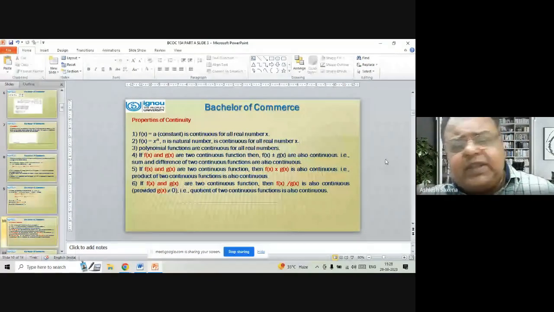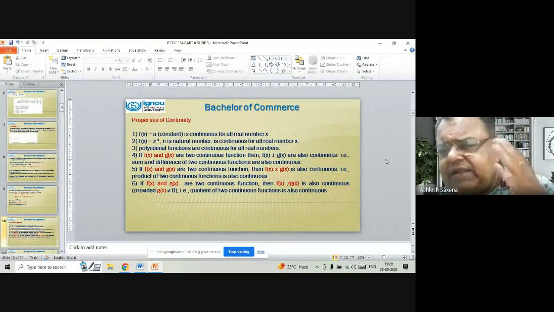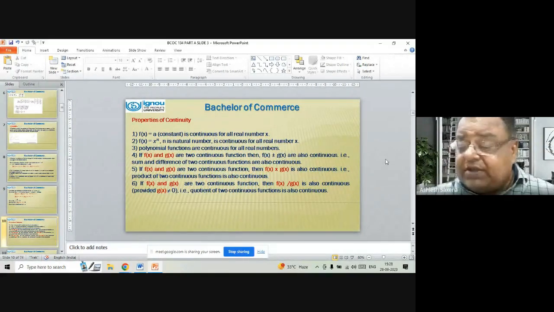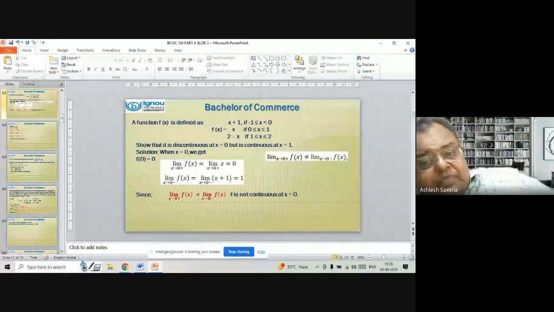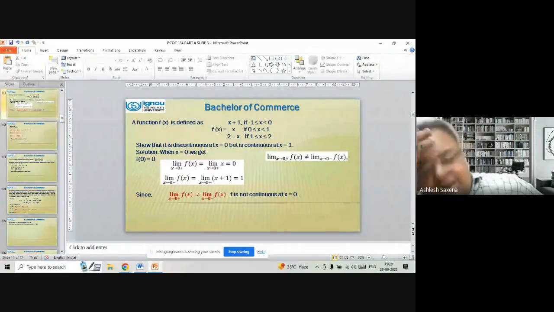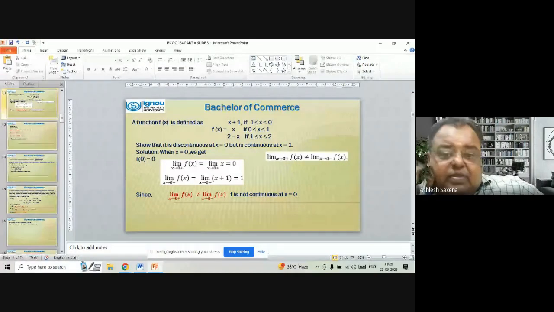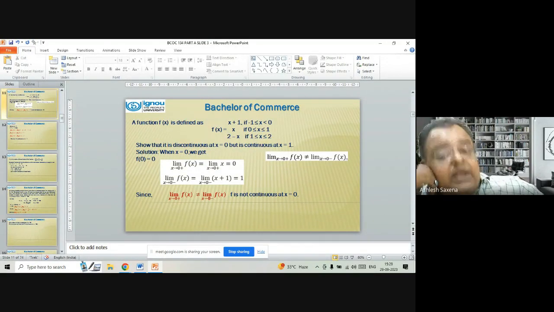Similarly, we found that this is somewhat related to limits. This is what was discussed in limits. Now, try to understand the concept of continuity. We have a function f(x), which has three conditions in it. The first condition is x plus 1 if minus 1 is less than or equal to x less than 0.